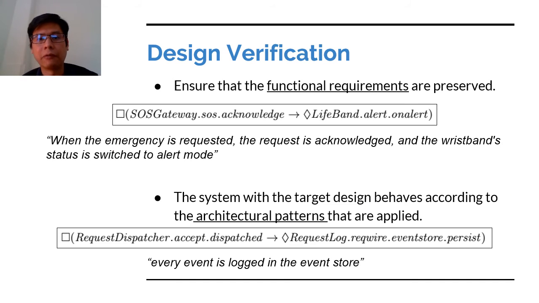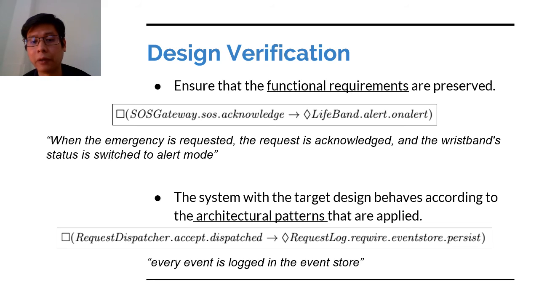So after refactoring, we will verify two things in the target design. The first thing we verify is functional requirements, which we formally describe as linear temporal logic. This logic describes how components interact with each other to serve the functionalities. For example, in this case it handles when the emergency is requested, what needs to be done or what component should behave.